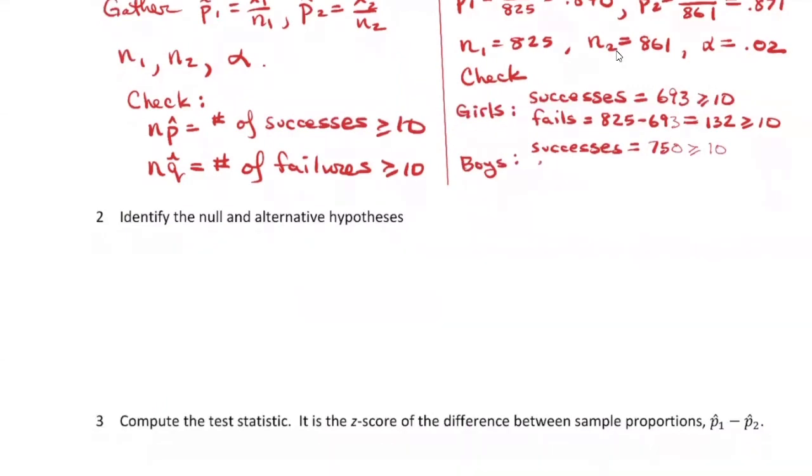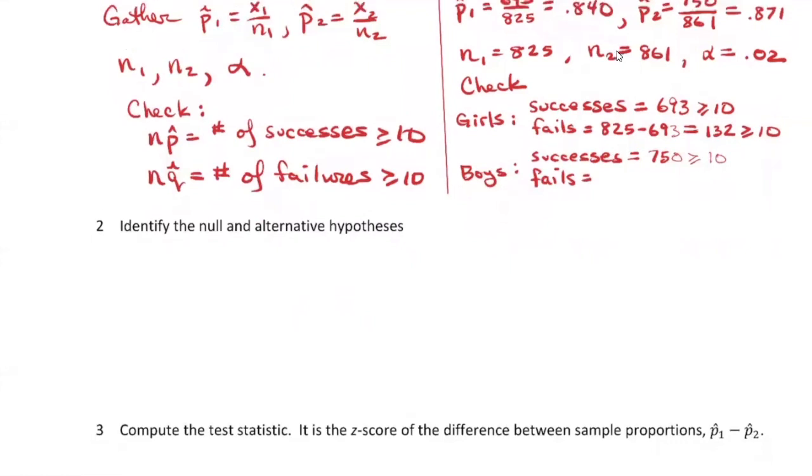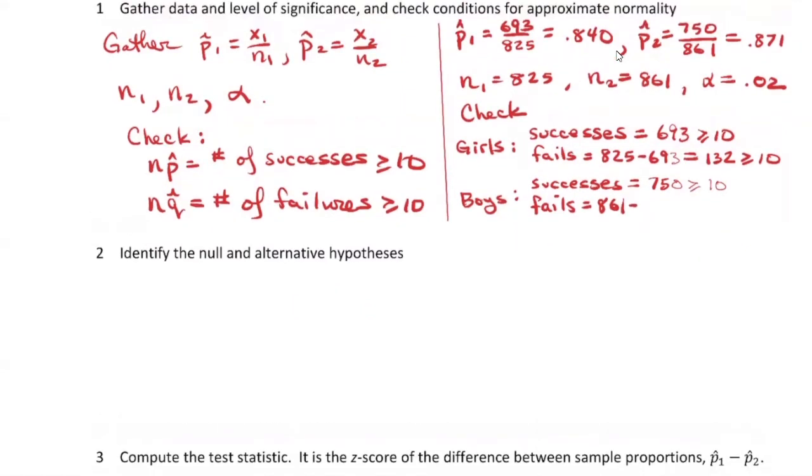And then the fails, for the boys altogether, were 861 boys minus 750 that go to school.